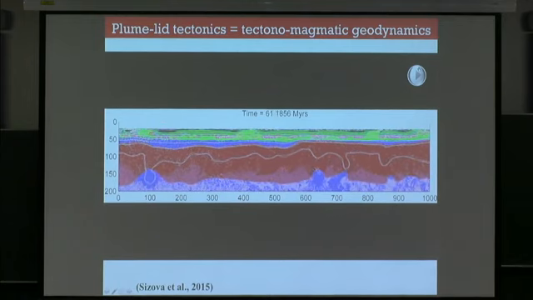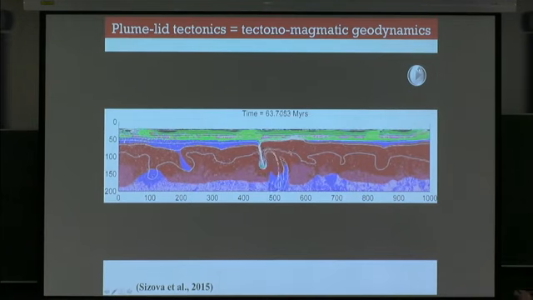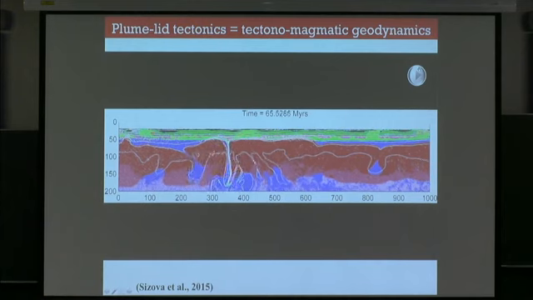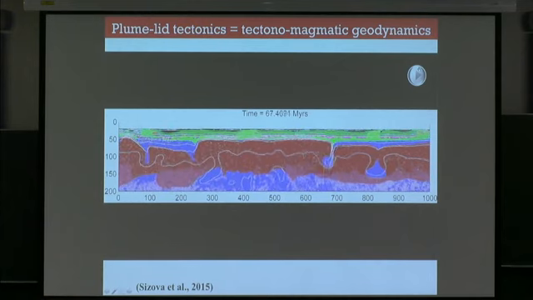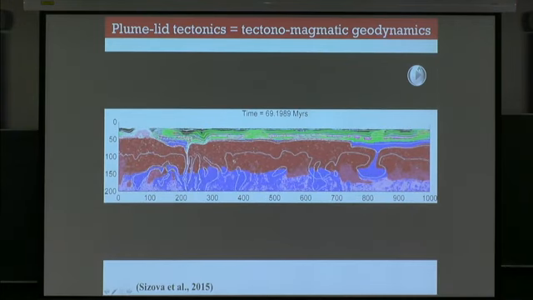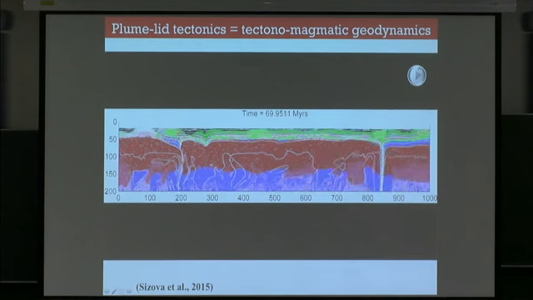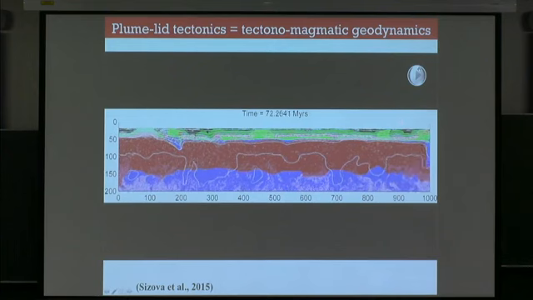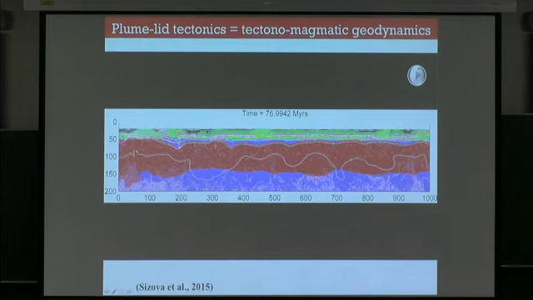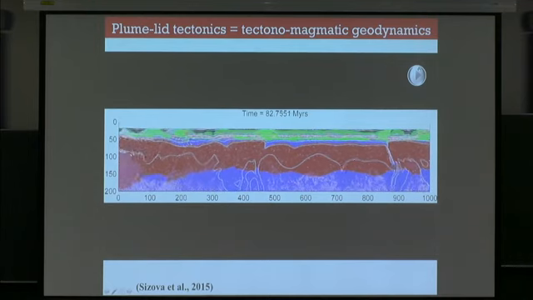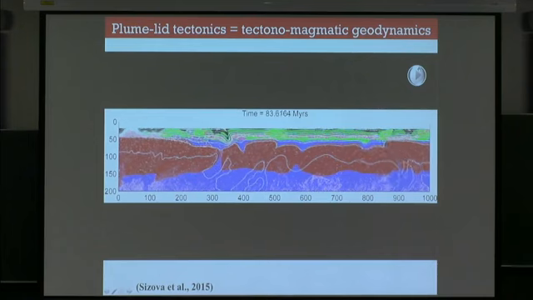And what you also start to observe after some tens of millions of years, after many delamination and dripping episodes, is that part of your domain becomes more oceanic-like, with more mafic crust here, and even some kind of spreading center forming at the left. And then another part of the crust is becoming more felsic, with preferential loss of mafic material into the mantle, and it's becoming more continental-like.